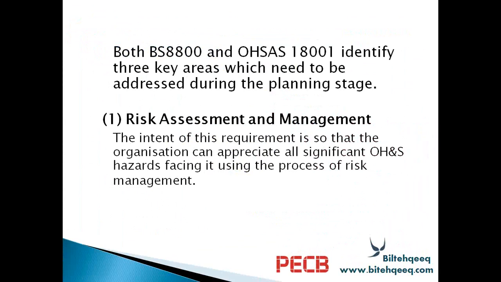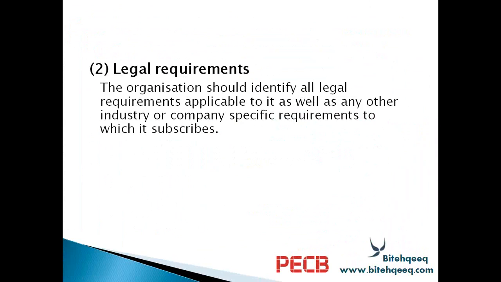The intent of this requirement is so that the organization can appreciate all significant occupational health and safety hazards facing it using the process of risk management. And second is the legal requirement. The organization should identify all legal requirements applicable to it as well as any other industry or company specific requirements to which it subscribes.